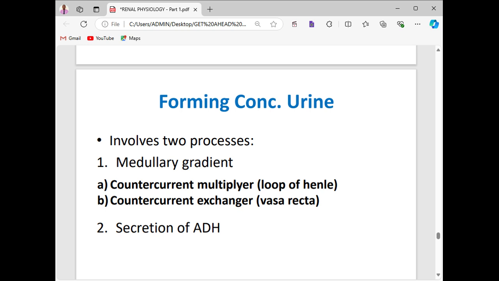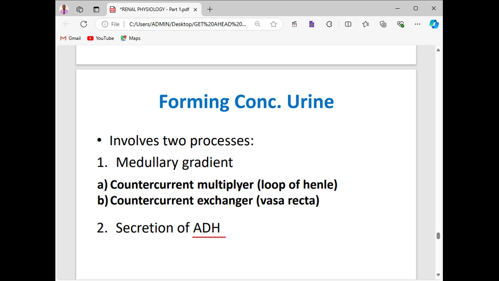Though I have talked about antidiuretic hormone, let me talk about it separately as it also contributes to formation of concentrated urine. Okay, so secretion of antidiuretic hormone. You need to understand that the final concentration of urine is done by ADH.